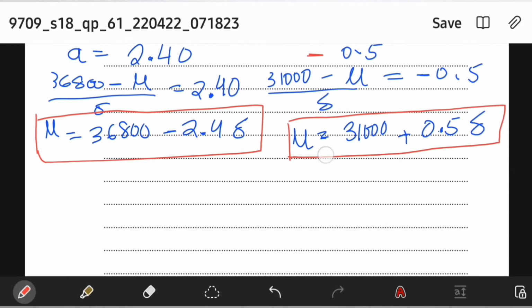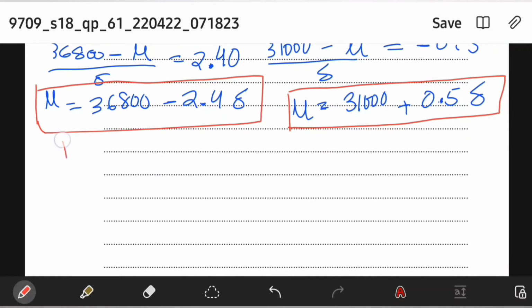Now we just have to solve them simultaneously to get the answer. What we can do is just equate these, since both of them have the same subject of formula.